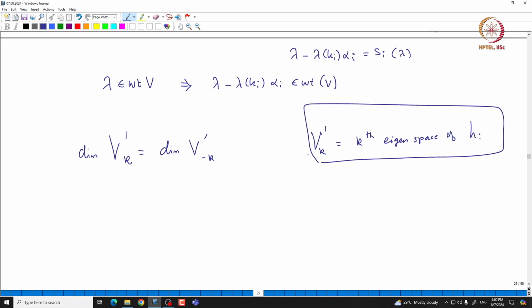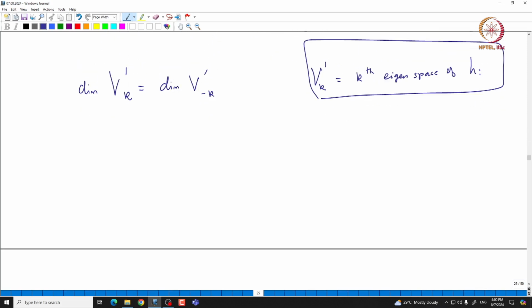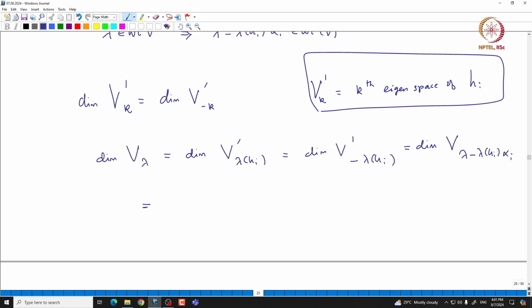Since there is this symmetry of h_i eigenspaces, the dimension of V_lambda, which is the same as the dimension of V' at eigenvalue lambda of h_i, is the same as the dimension of V' at eigenvalue minus lambda of h_i, which is exactly equal to the dimension of V_{lambda minus lambda of h_i alpha_i}. So this proves that the dimension of V_lambda is the same as the dimension of V_{s_i(lambda)}.